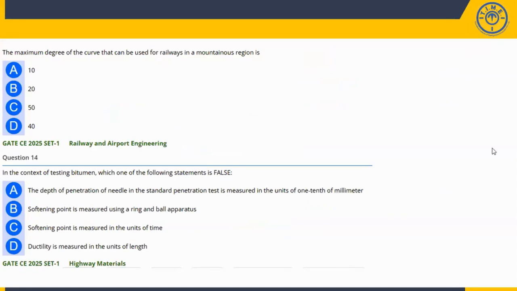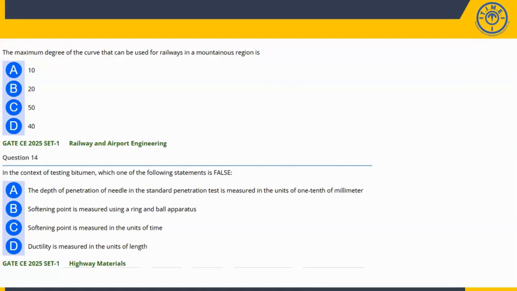We have a couple of questions in this slide, my dear students. The first question states: the maximum degree of curve that can be used for railways in a mountainous region.